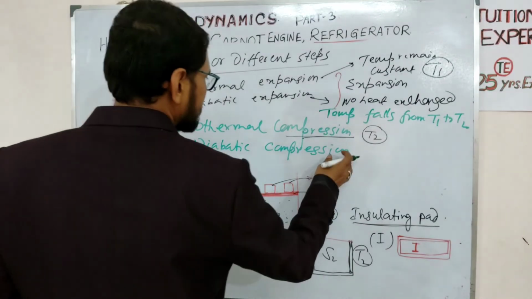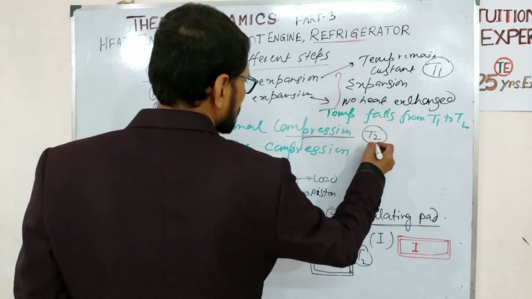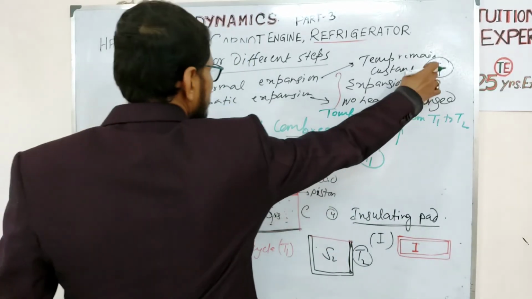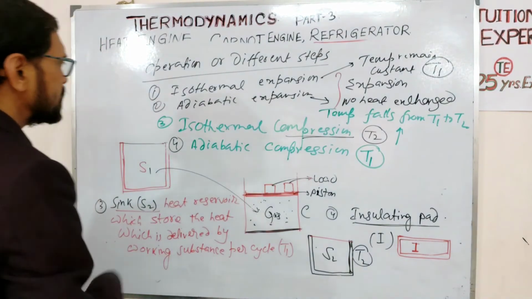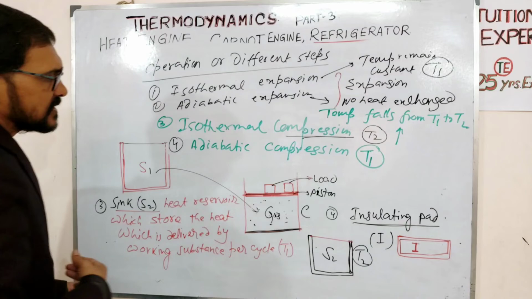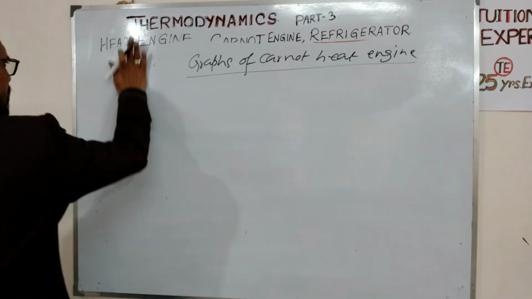As the compression takes place, the temperature goes from T2 to T1, such that the initial and final temperature remain the same. So in four steps the Carnot heat engine operates for one cycle. These are the four steps.